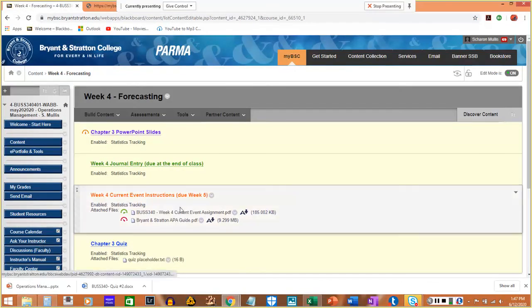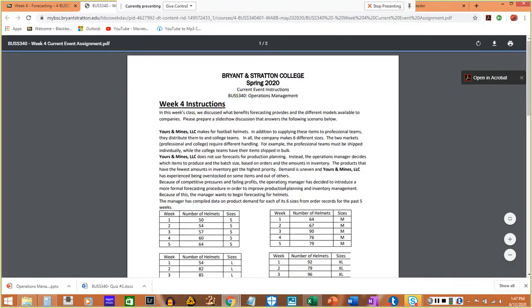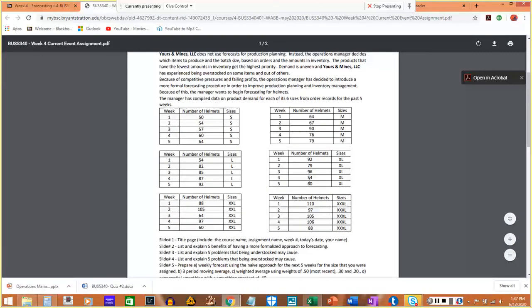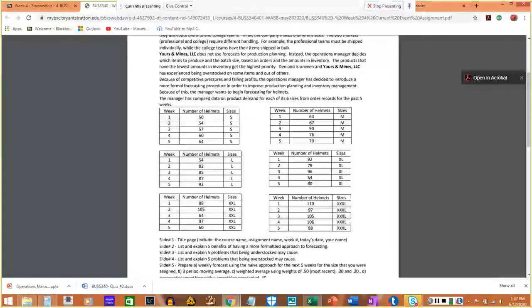For the current event for week 4, everybody gets assigned a different size. So, Baha, you take small. Josh, you take large. Nate, you take extra large. Parker, you take medium.